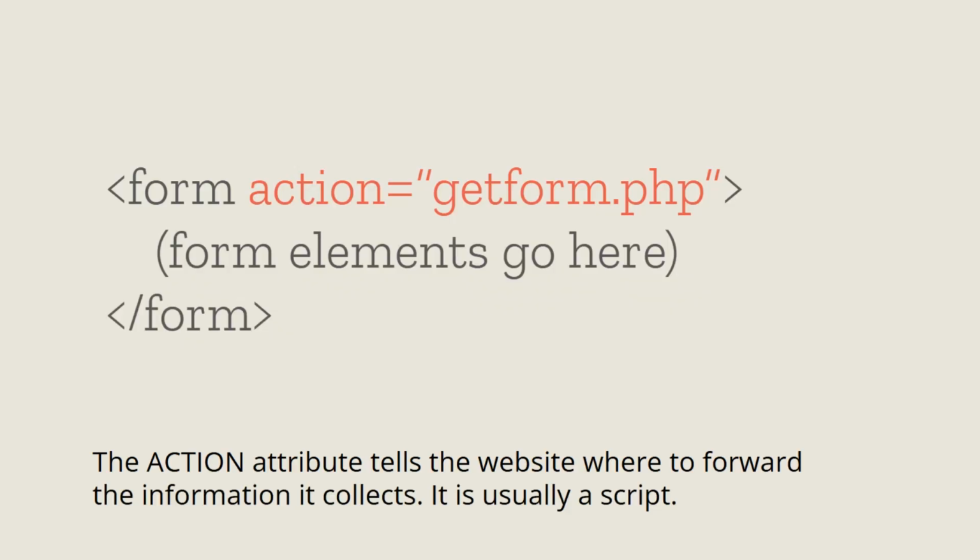We have several types. So in this example, it will go the form, whatever. When somebody clicks on the submit button, it will now transfer all the data into this file.